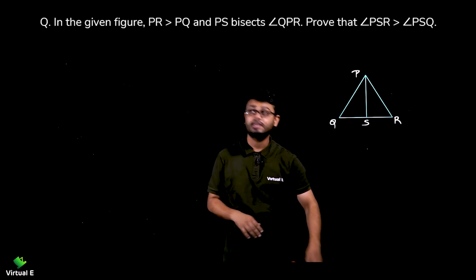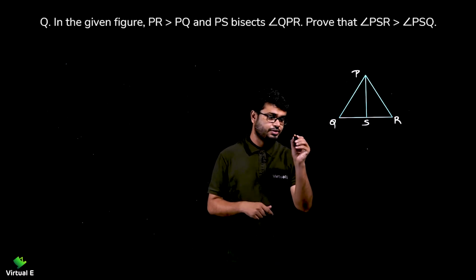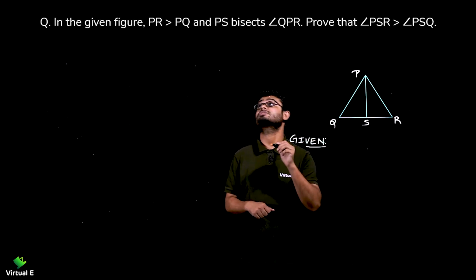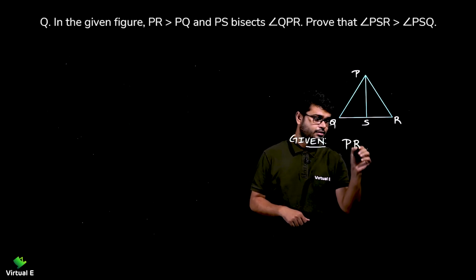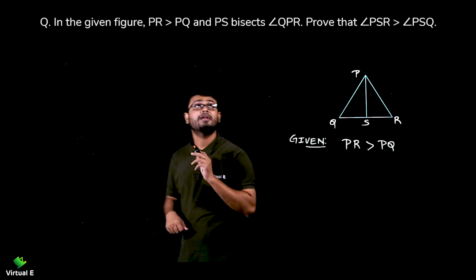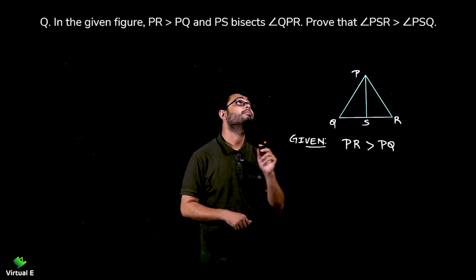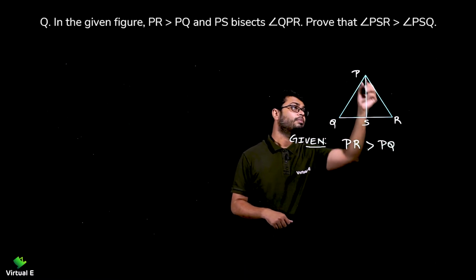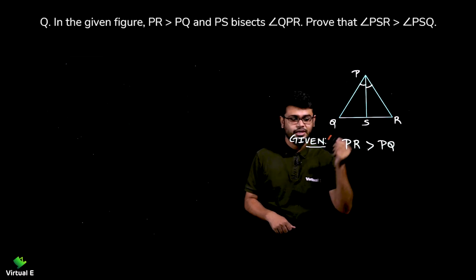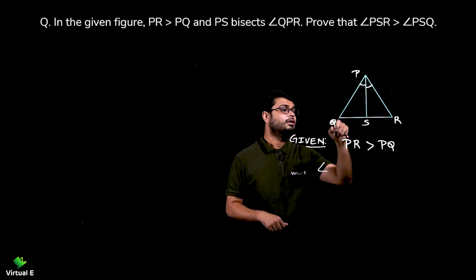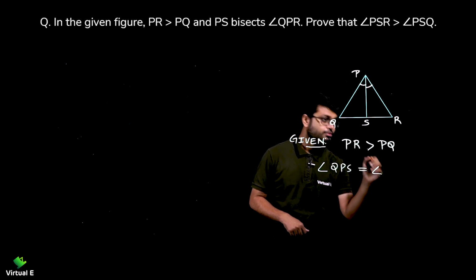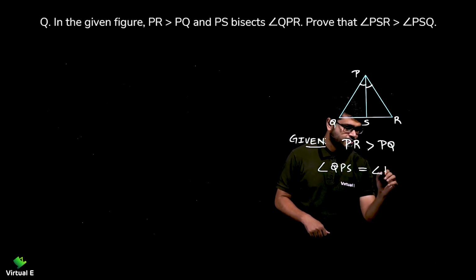First of all, let's start with the given condition. Let's note down the given. First we have a condition related to sides, that is PR is greater than PQ. That's the first condition. And PS bisects angle QPR, so PS is the bisector, meaning this angle and this angle are both equal. So we can write that angle QPS is equal to angle RPS.